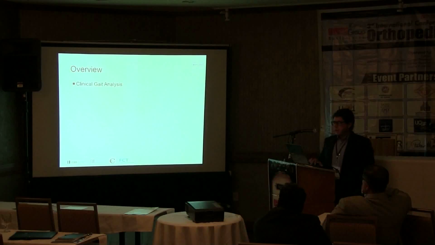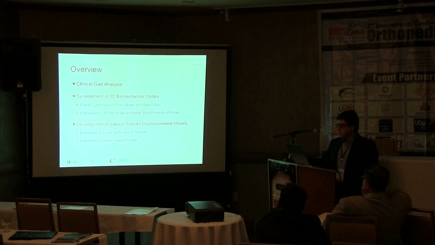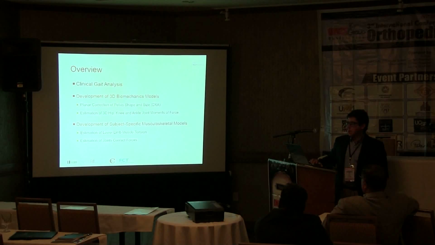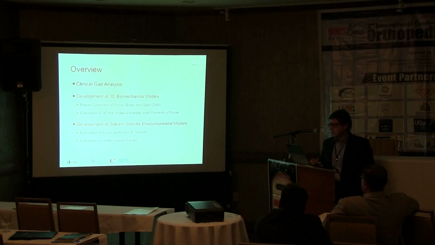What is clinical gait analysis? Then we will talk a little bit about how the 3D biomechanical models are developed and how they can be corrected using some information from image analysis, and then verify the difference in the values of the mechanical loading obtained on the hip, knee, and ankle joints.